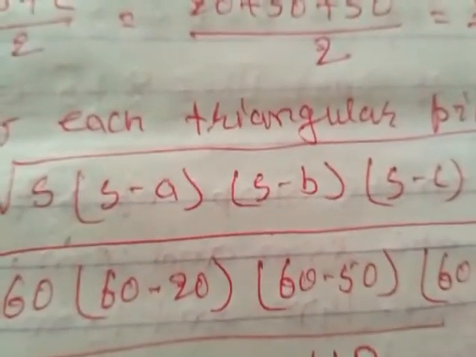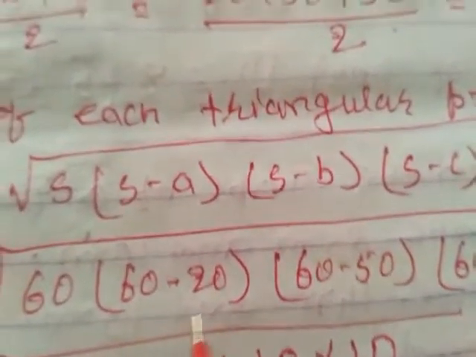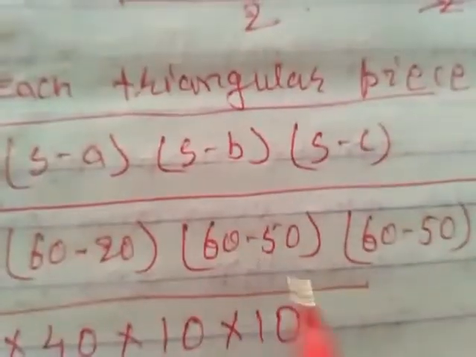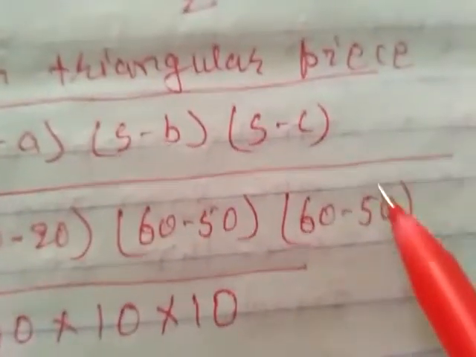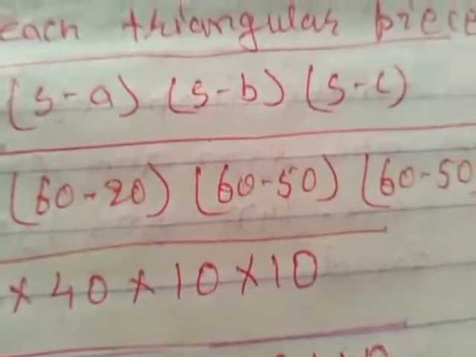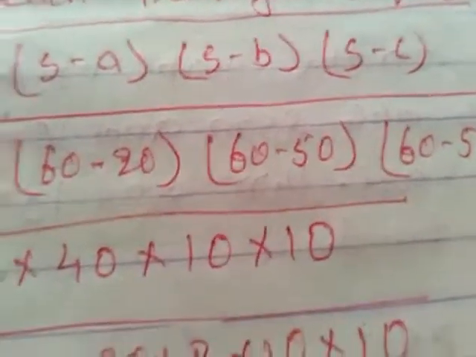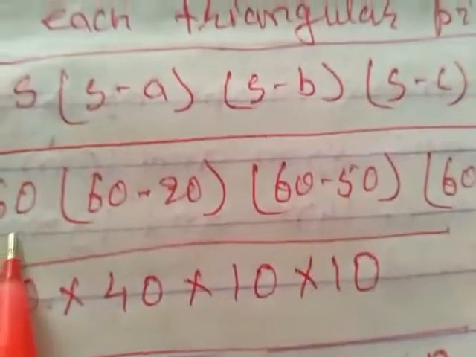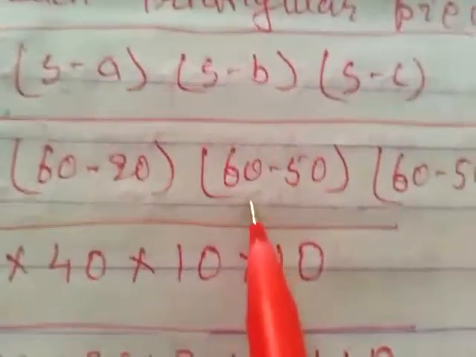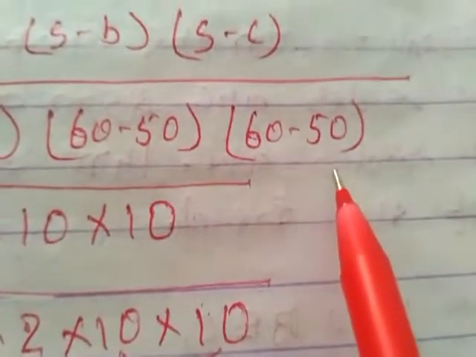So here you have the value of S is 60 centimeter, A is 20 centimeter, B is 50 centimeter and C is 50 centimeter. So now substituting the values of S, A, B, C respectively, we have 60 into (60 minus 20) into (60 minus 50) into (60 minus 50).